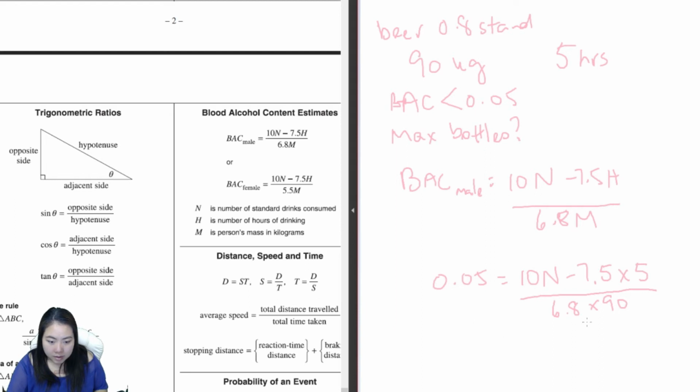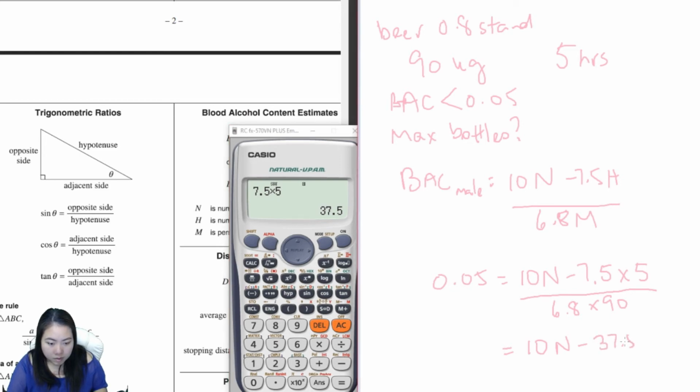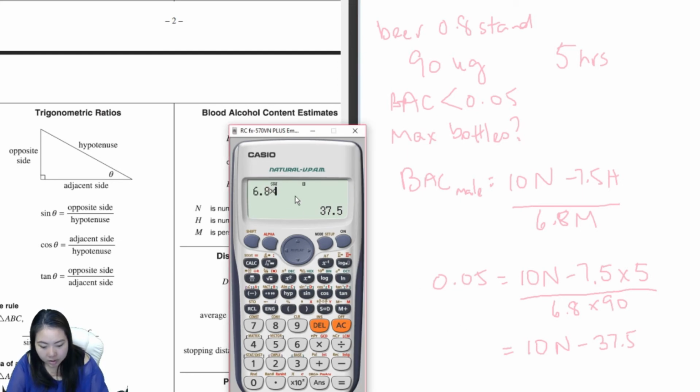Let's find N. We'll times both sides by this. Actually, I might just times that by 5 as well. 37.5. And that would be 6.8 times 90 times 0.05, 30.6.